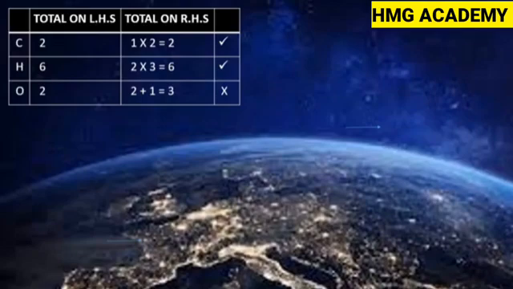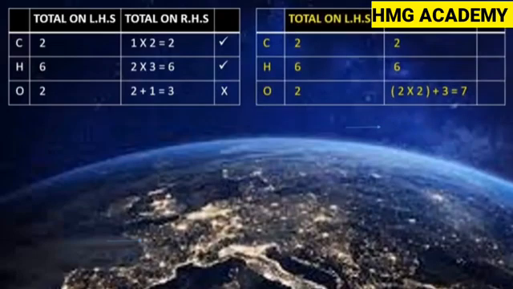So we are picking 3, and 3 times 2 is 6. That balances hydrogen. But that will distort oxygen, because oxygen has 2 on the left hand side and now it has 3 on the right hand side. Oxygen is not balanced. So let us go ahead and see how we are going to balance oxygen.